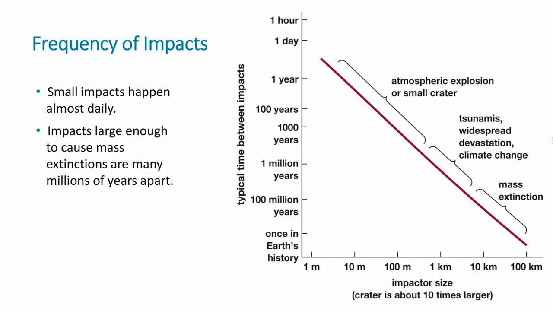Something that's actually going to cause damage to, say, a city, maybe you're in the millions of years. And then something like significant climate change or mass extinction event, you're looking at hundreds of millions of years. But it's been 65 million years since the dinosaurs went extinct, so perhaps we are due for something.